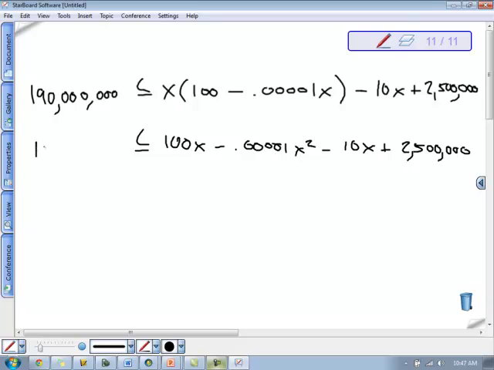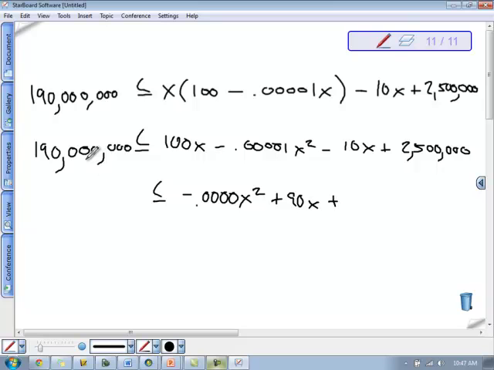Okay? Now let's subtract 10x, so this gives us 90x. I'm going to write this in standard form too. So let's make this negative 0.00001x squared plus 90x.